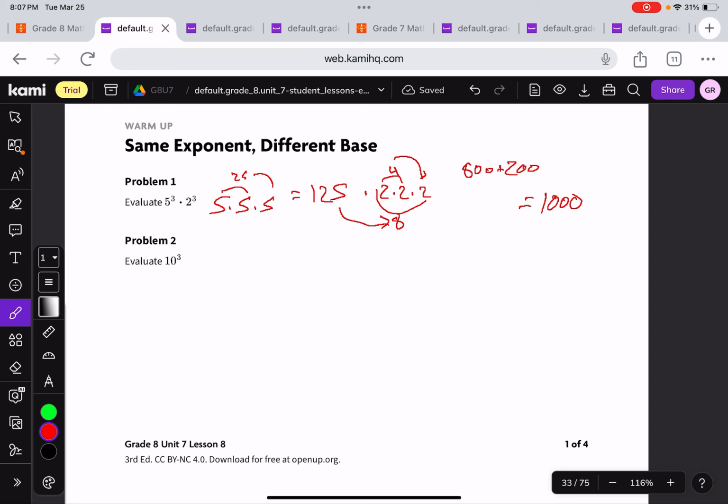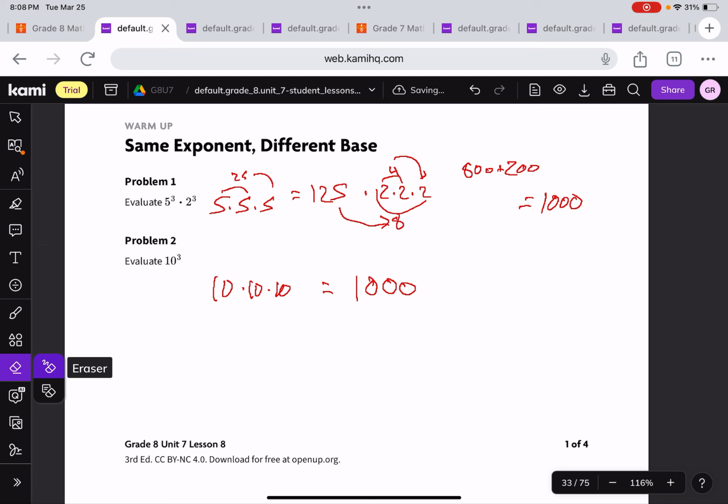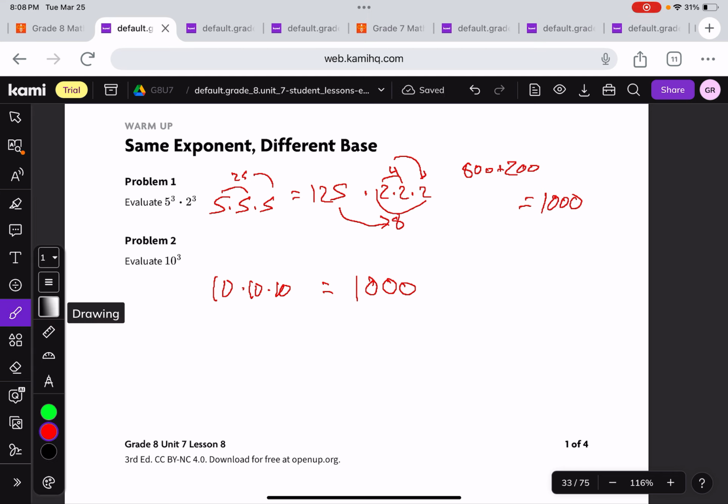Now, problem 2 says evaluate 10 to the 3rd. Well, that's 10 times 10 times 10. Or we should start to recognize 10 to any power is a 1 with that many zeros. That's the exponent. Well, that means there's going to be 3 zeros. 1, 2, 3. Is this just a coincidence?